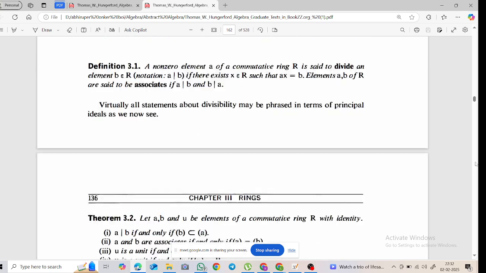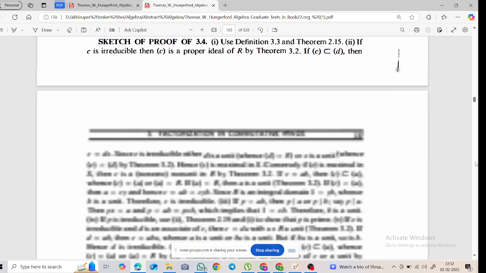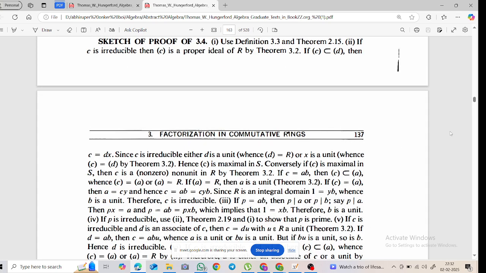Factorization and counter inference. So this was one of the very useful examples that we went through.